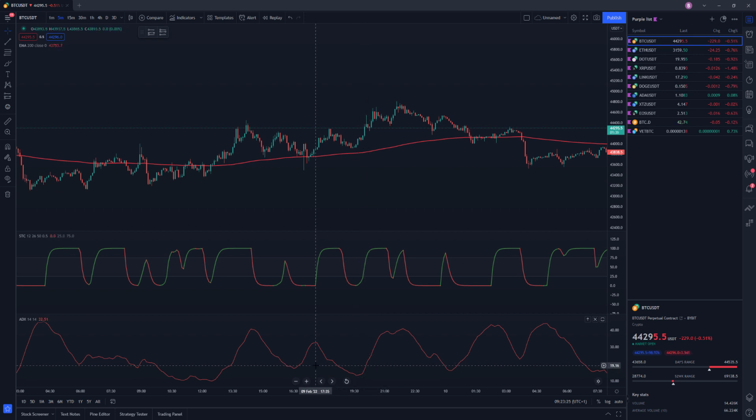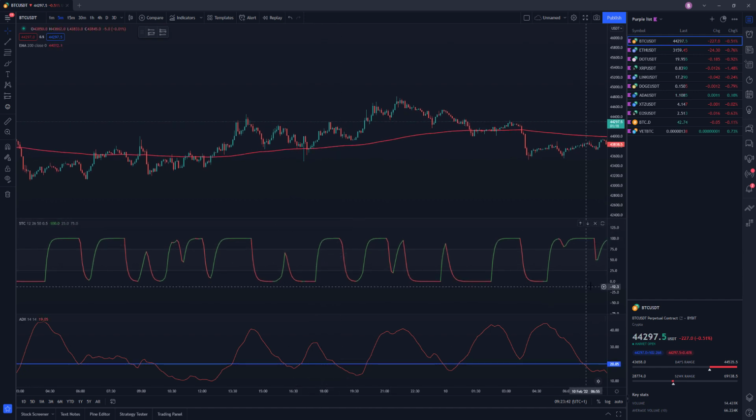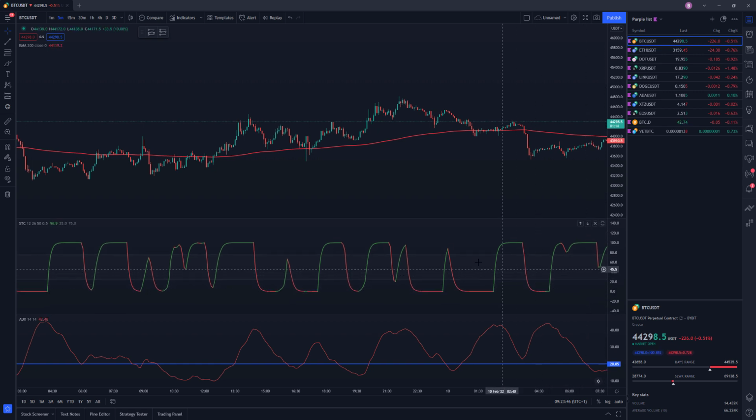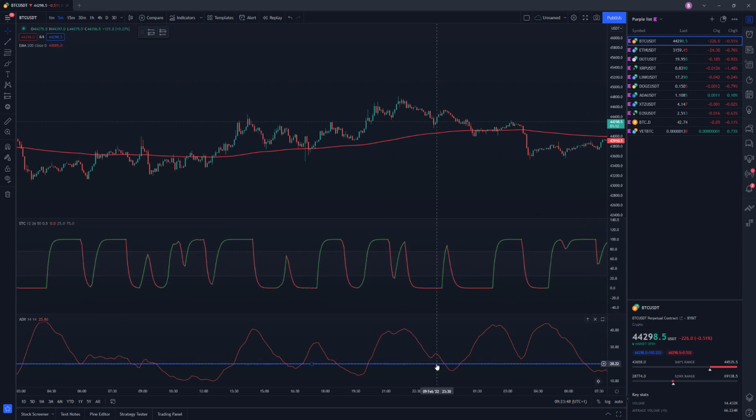Okay, you will miss out on quite a lot of entries, but still it helps you to get rid of false signals. I would prefer that instead of taking every trade, and yeah, I prefer to miss some trades to be more sure that my trade will be in profit in the end. So I draw a horizontal line on the 20 level.